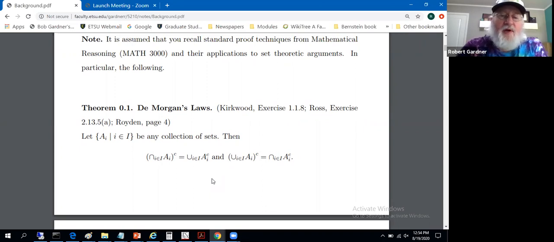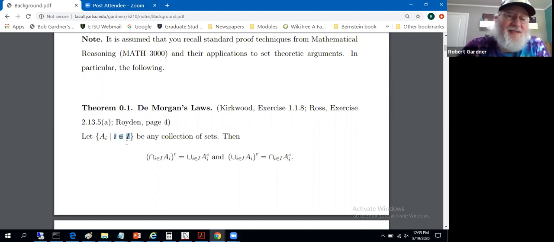One of my favorite questions, again, in these upper level classes is, hey, how many A sub i's are there? Is it a finite number? Is it a countable number? Is it something else? How many are there of these A sub i's? Well, there's one for every index i in the indexing set capital I. So I can't give you anything but a smart aleck answer. There's a cardinality of capital I of them.